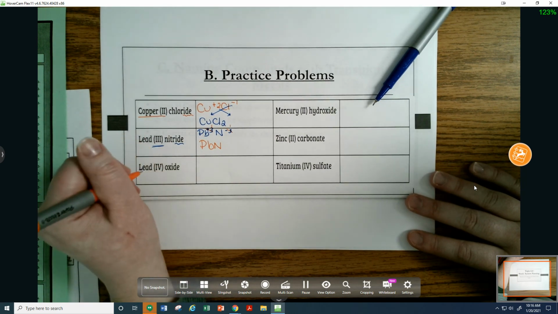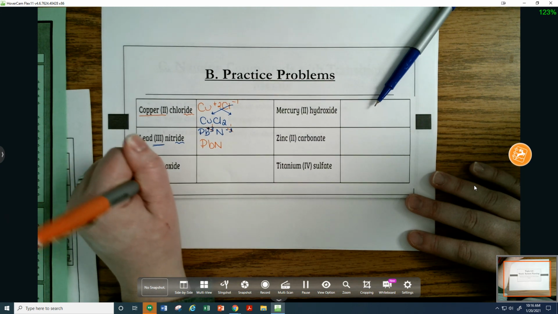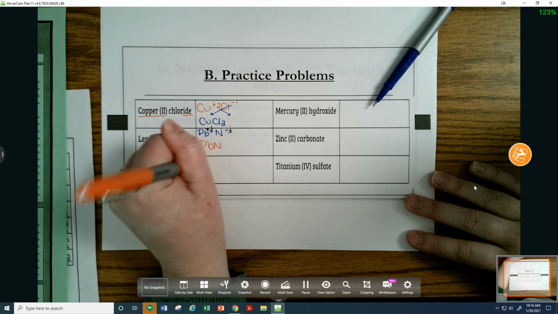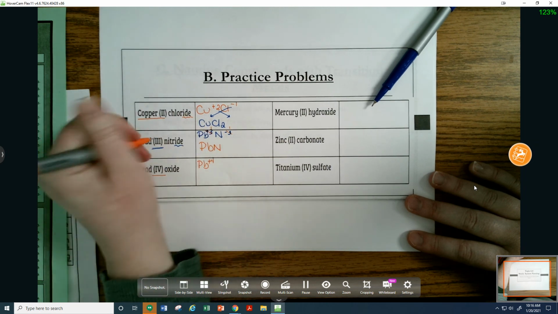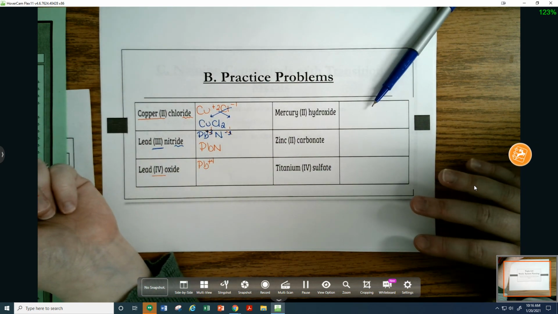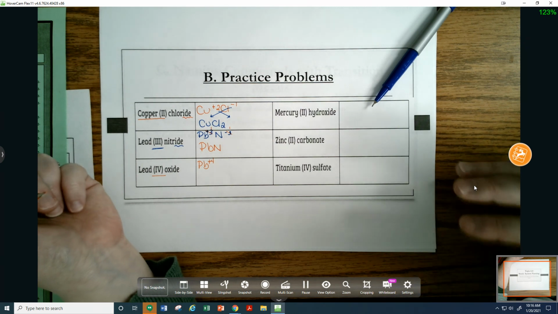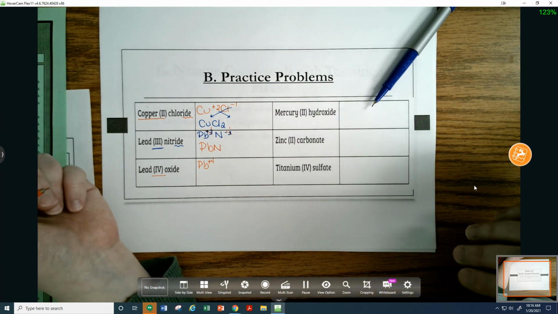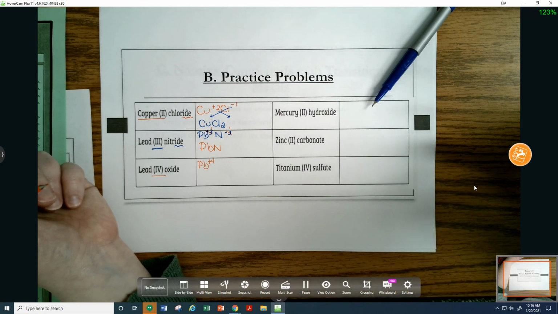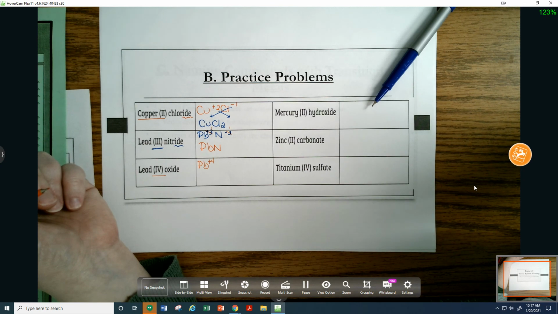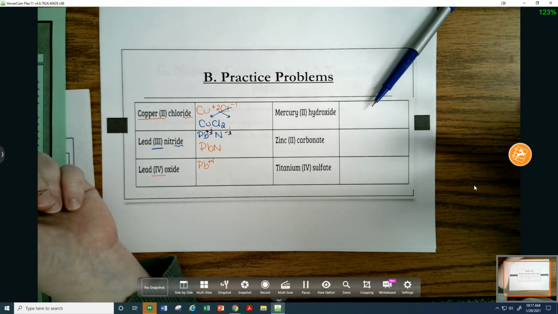So lead 4, so the symbol for lead is still Pb, but the difference from the one up above is we now have a +4. So this kind of explains an old naming system. Lead and Pb have nothing in common. In chemistry, depending on the charge of your cation, lead used to be plumbic or plumbous.